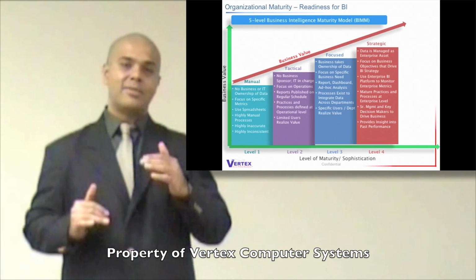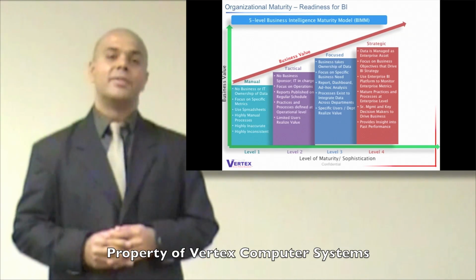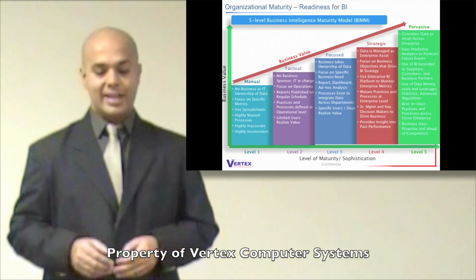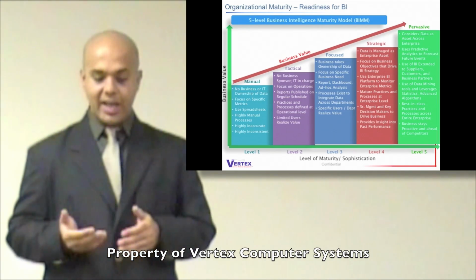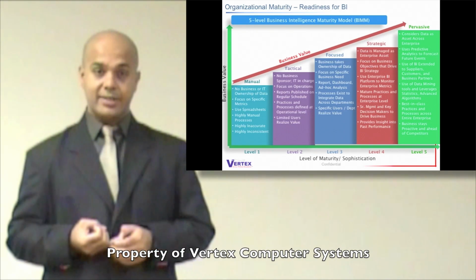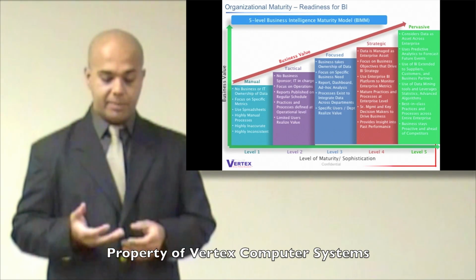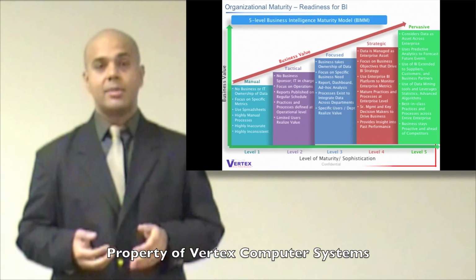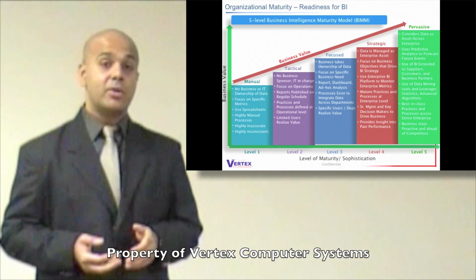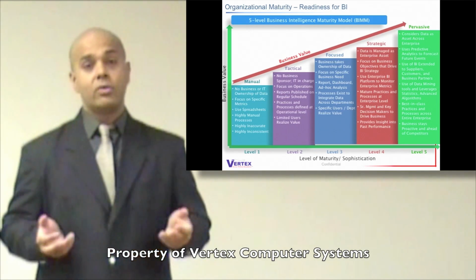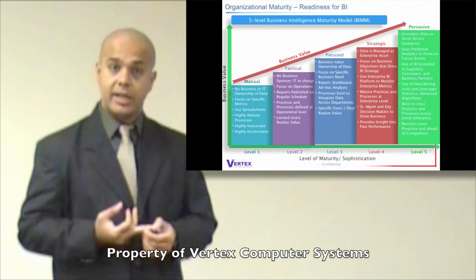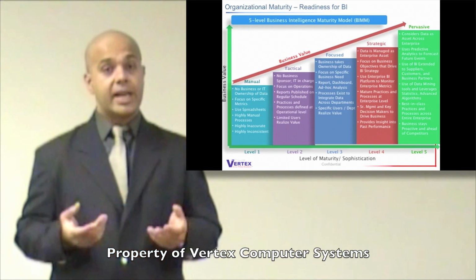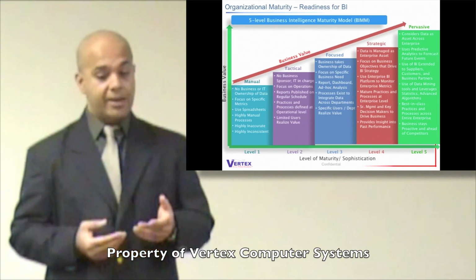The final level of maturity that we have is what we call pervasive. Pervasive is nothing but your strategic model on steroids. In the pervasive model, you still have your data treated as an enterprise asset, but the primary focus of this organization is not on historical data or current data, it's on future events. They want to be able to predict their future events. And how do they do that? They use highly sophisticated tools like data mining tools, and they use predictive analytics and predictive modeling to derive that.